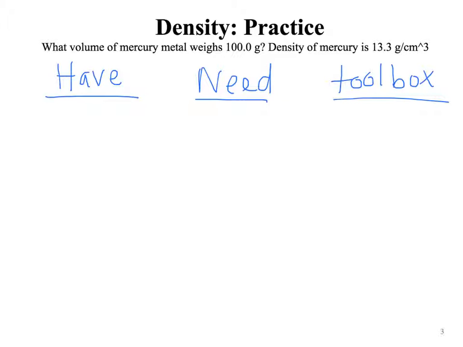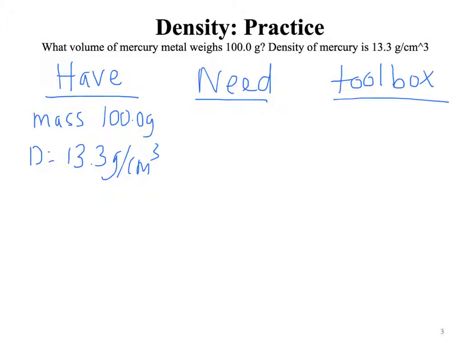So what I have here is my mass of 100 grams, and I have a density of 13.3 grams per centimeters cubed. What I need is my volume, and my toolbox I know is my triangle, DMV, and we just talked about how to use that.